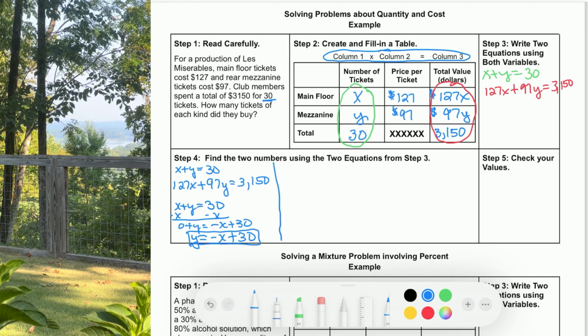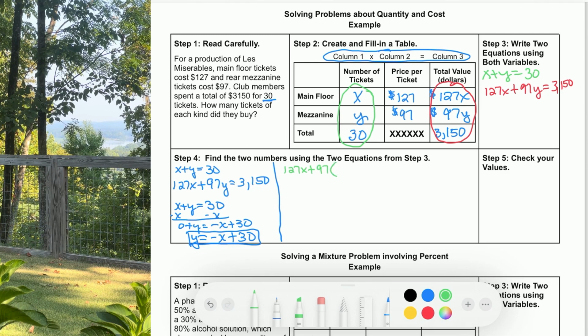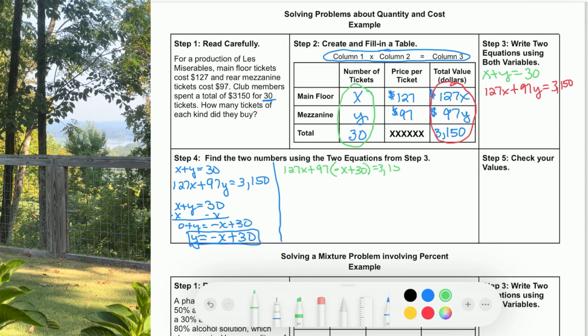I'm going to use substitution. So I'm going to write 127x plus 97 times what my y value is, which is that negative x plus 30 equals 3,150. Go ahead and distribute.